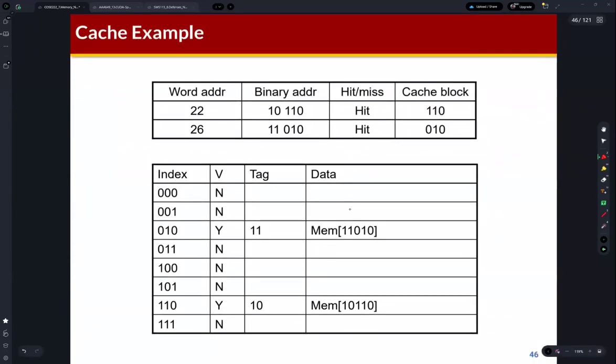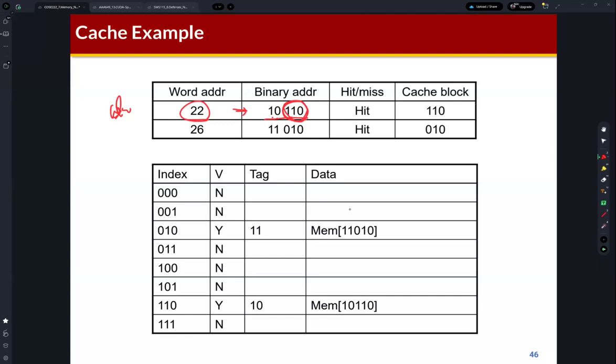Then the load word executes a data fetch with the address of 22, right? So the binary address of this load instruction is 10110, right?